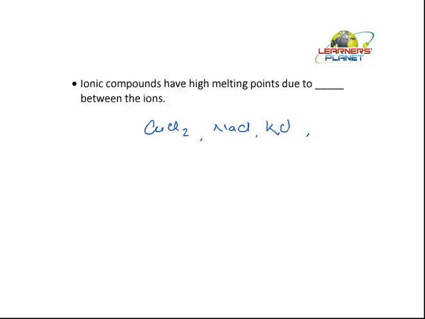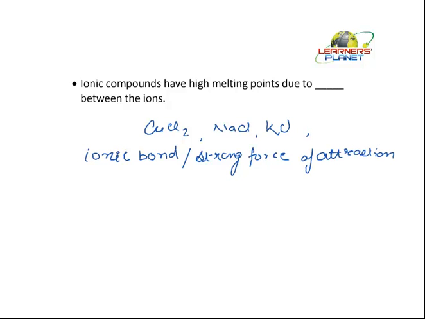Because of the ionic bond or the strong force of attraction between them. So in this fill-up, if you write ionic bond, then also it's okay, correct. Or there is strong force of attraction between the ions.